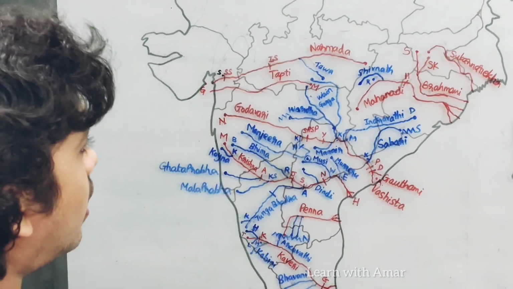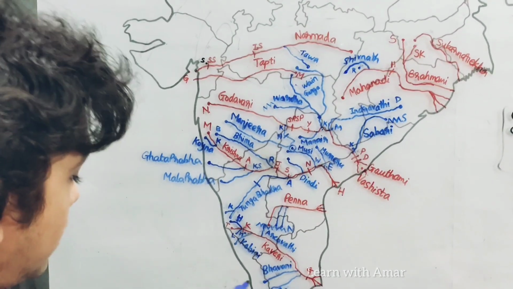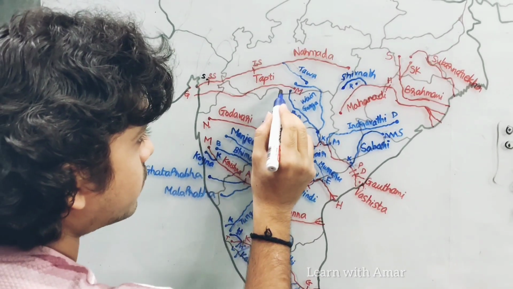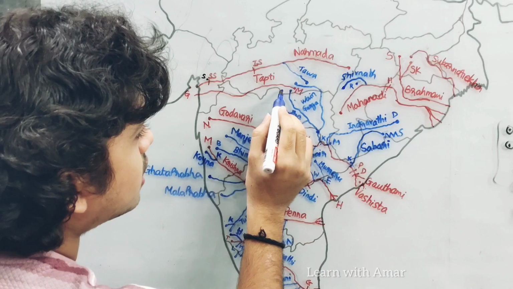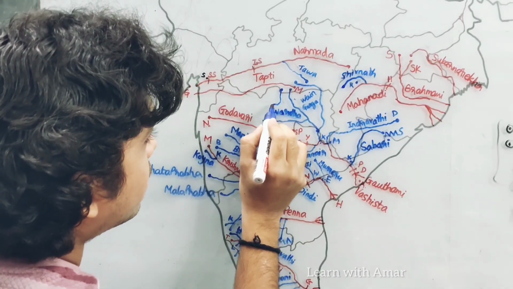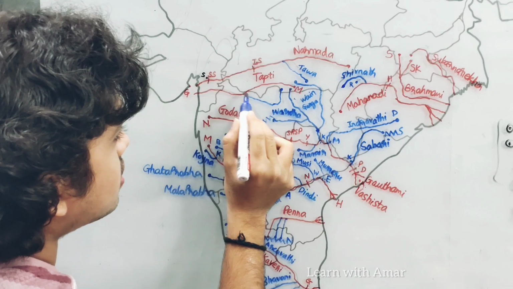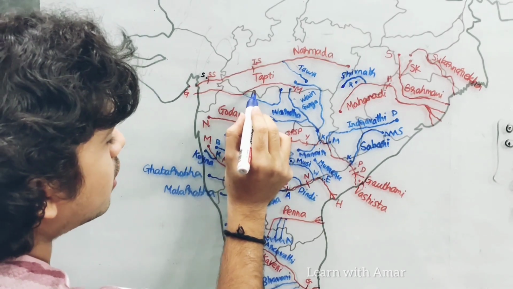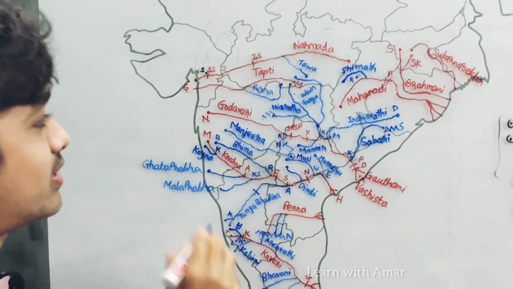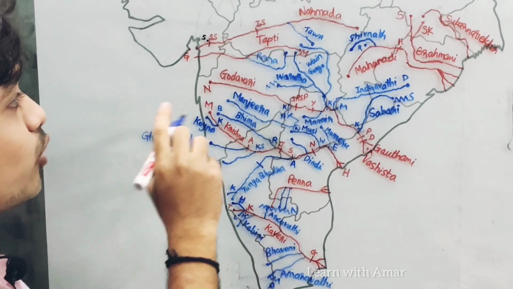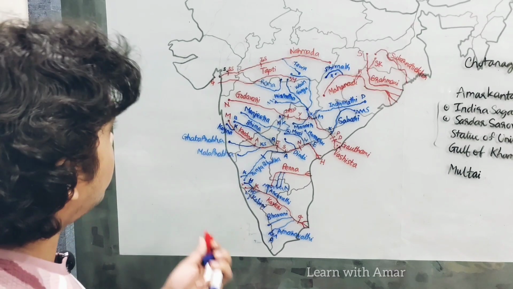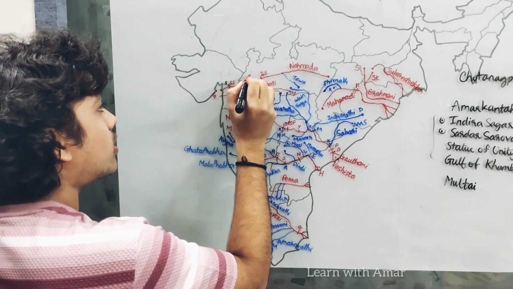An important tributary of Tapti is Purna. Purna originates in Madhya Pradesh here in the Satpura range itself. It flows through Maharashtra and joins Tapti in Maharashtra. It is Purna, an important tributary.